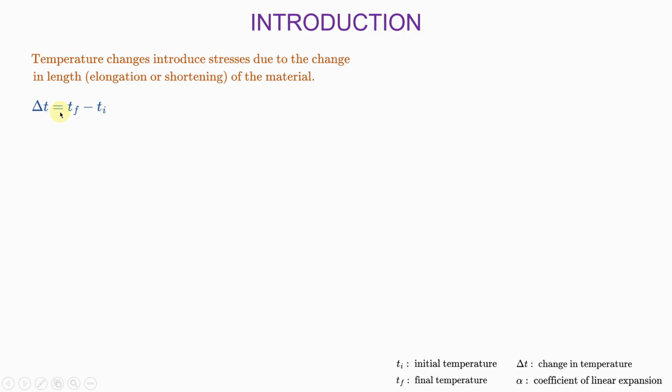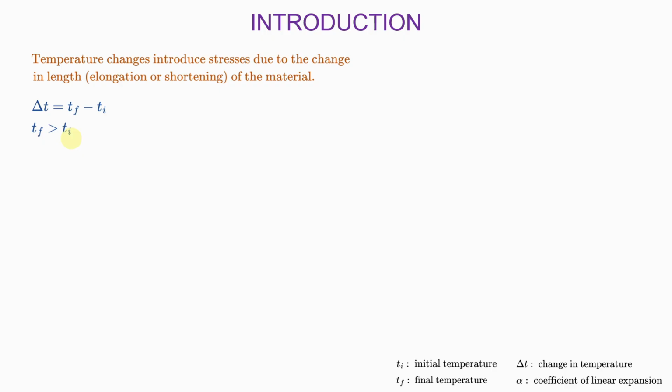And so it will therefore be equal to the final temperature. Tf is the final temperature and Ti is the initial temperature. So the change in temperature delta T is equal to the final temperature of the object minus the initial temperature of the object. So now, if the final temperature of the object is greater than the initial temperature, that will mean that the temperature has increased.